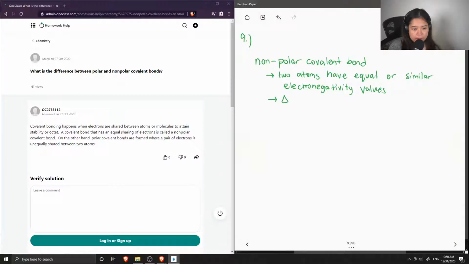So we can also show that the difference in electronegativity is around 0 to 0.5.